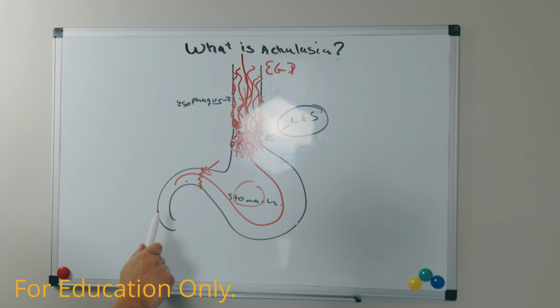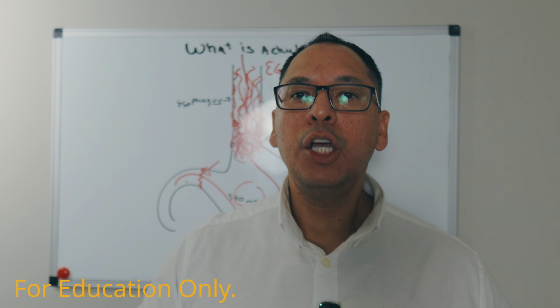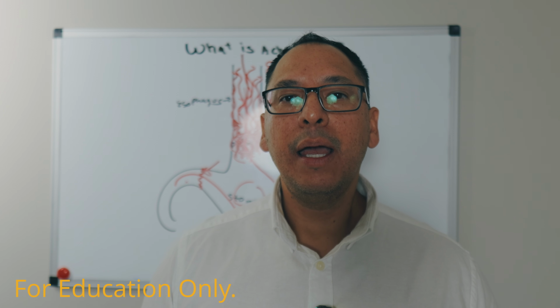It does not fix the stricture, it improves the stricture. You could also consider Botox injection to relax the area, and you may need to consider surgical intervention such as a Heller myotomy or a POEM, which is an endoscopic myotomy.